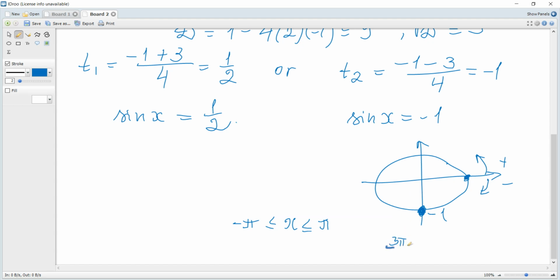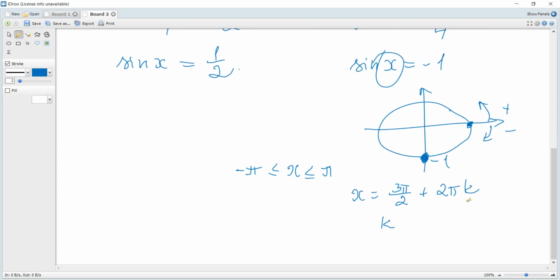3 pi over 2 plus 2 pi k is a general solution, and you just copy this argument. In general, this argument may be more complicated, and then you should solve just for x or just for theta. And k is any integer, so it may be 0, 1, 2, 3, negative 1, negative 2, and so on.